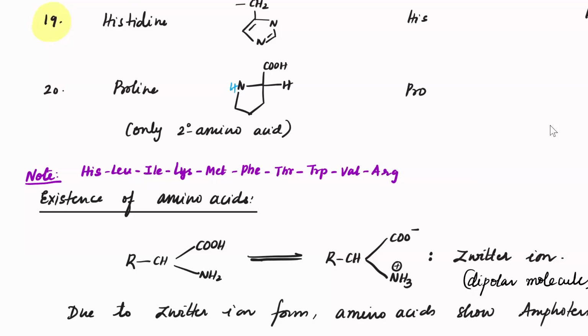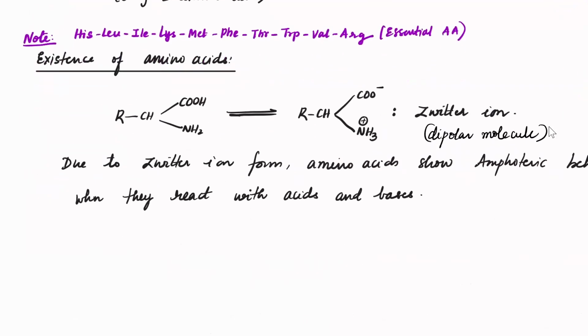These are the essential amino acids. If I know the essential amino acids, it's easy to figure out what the non-essential ones are. Clear?